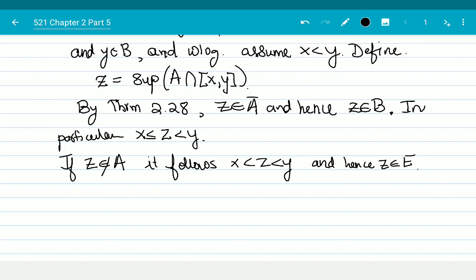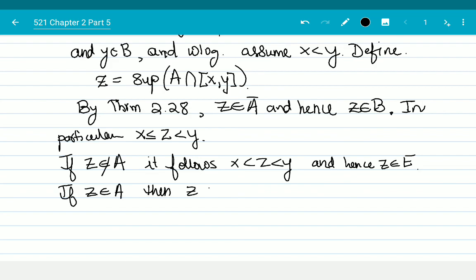Because we have assumed that it is the supremum of A intersection X comma Y. If it was in E, then it should have belonged to A.